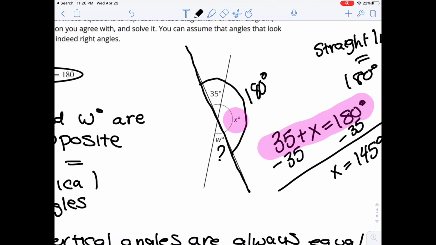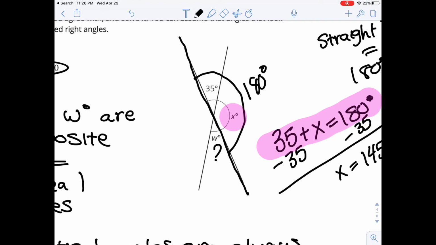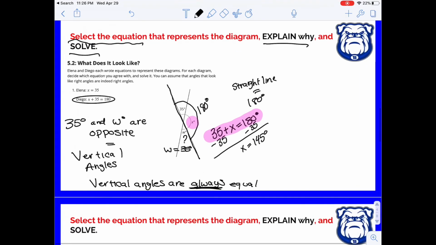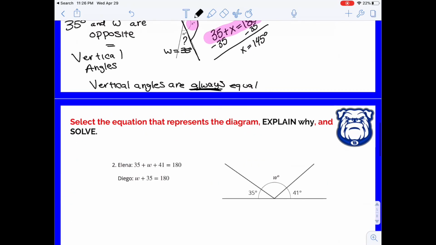So, if this equals 35, that means W also equals 35 degrees. Okay? Good work right here. I explained why, I solved, and I selected the equation that represents this picture. Okay? You need to do the rest.